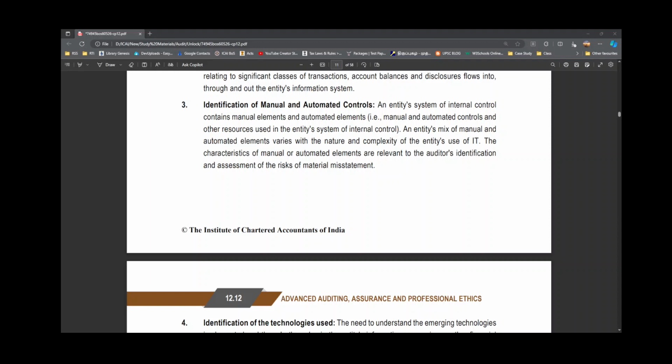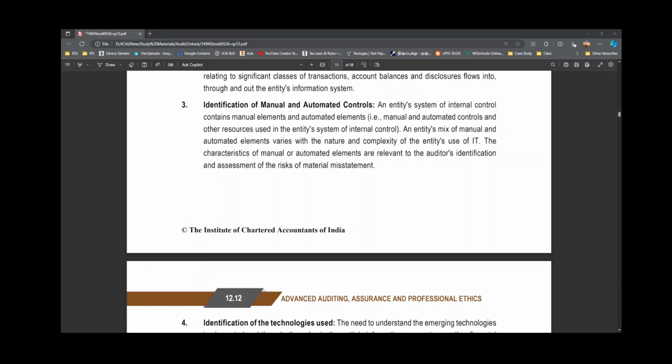The entity's system of internal control contains manual elements and automated elements. So manual and automated controls are the controls used in the entity's system of internal control. The entity's mix of manual and automated elements varies with the nature and complexity of the entity's use of IT. The characteristics of the manual and automated elements are relevant to the auditor's identification and assessment of the risk of material misstatement. So it is the auditor's responsibility to reduce the material risk and identify if there are any material misstatements.